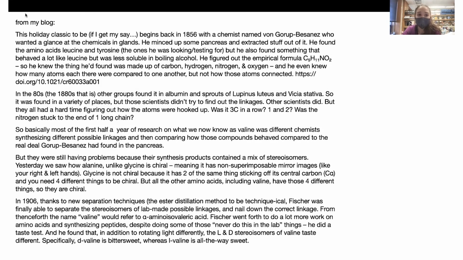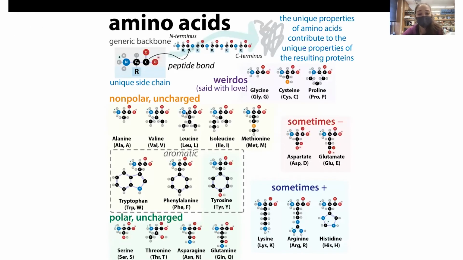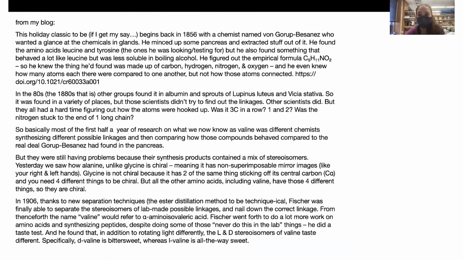But he also found something that behaved a lot like leucine, but it was less soluble in boiling alcohol. So leucine, remember, has an additional carbon, so it's got a longer chain before the branch. So you can expect it to act pretty similar, but also there would be key differences. And so he noticed that it wasn't really leucine, it was slightly off. So it has these different properties.